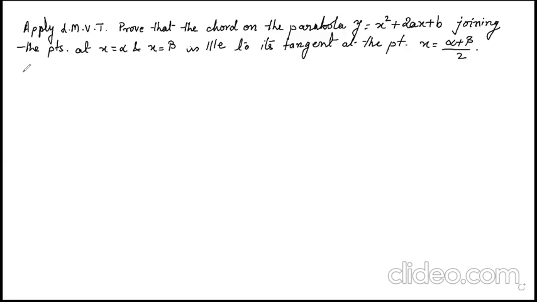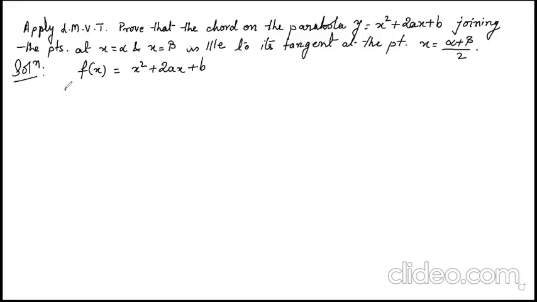So what is our function over here? What is your f(x)? In this particular problem, f(x) is y, which is given to us: f(x) is x square plus 2ax plus b.